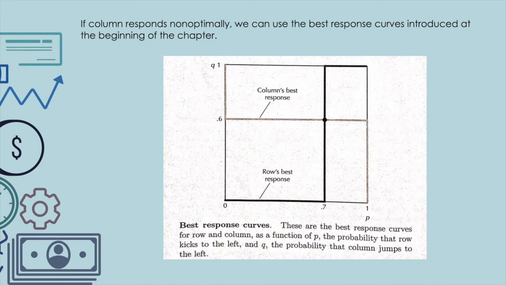And when p is bigger than 0.7, column will want to jump to the right. So here, p is less than 0.7, column will want to jump to the left. And if p is bigger than 0.7, it will want to jump to the right side.